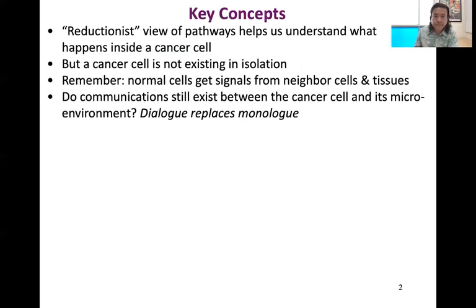Okay. So some key concepts. Up until now in the semester, we've been thinking about different pathways inside of a cancer cell in a more reductionist way, right? Because oftentimes when we study different pathways, and you know this from looking up different papers, they tend to talk about a particular pathway in isolation.